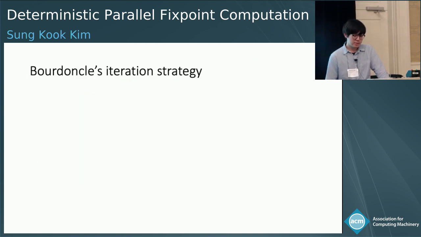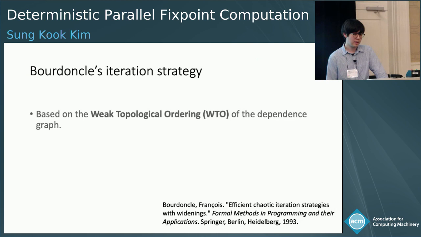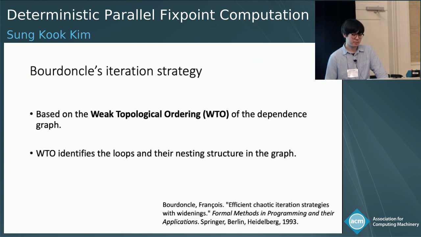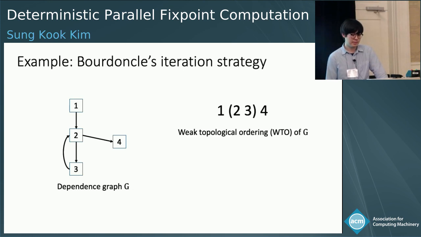The state of the art uses an iteration strategy by Bourdoncle. It is based on a notion of weak topological ordering of the dependence graph that we saw. Intuitively, this WTO identifies the loops in the graph and their nesting structures. So again, with the previous example, its WTO is this, which is just a permutation of the nodes with matching parentheses.